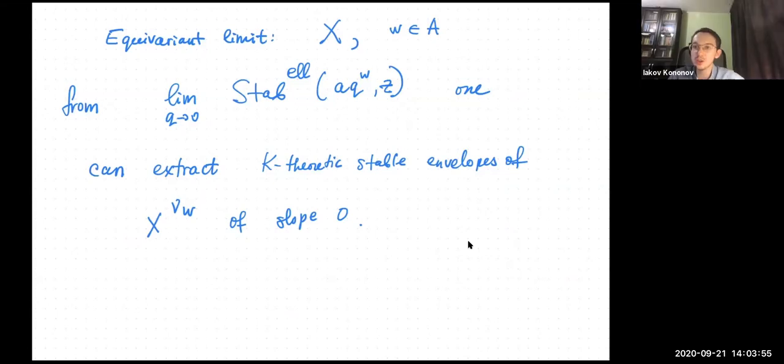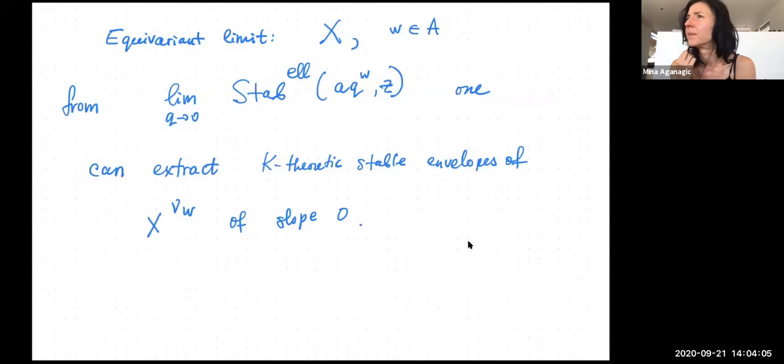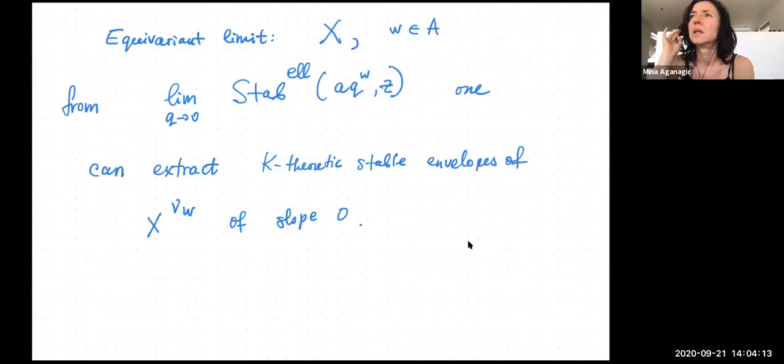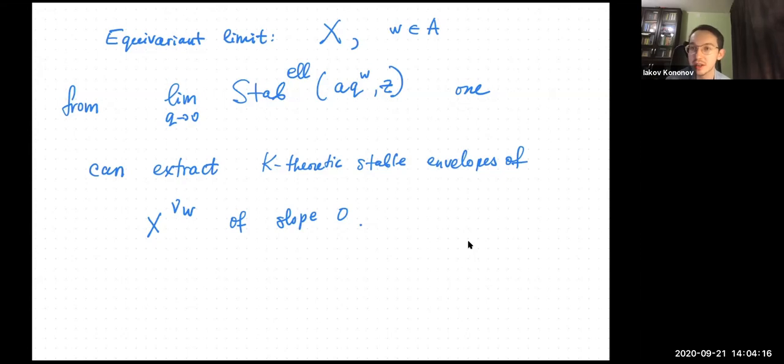By the corresponding character. Or maybe co-character, yes. It should be obvious what one wants: variables correspond to co-characters, and we can consider the fixed subvariety. Then in the limit we get K-theoretic slope 0 stable envelopes of that subvariety.